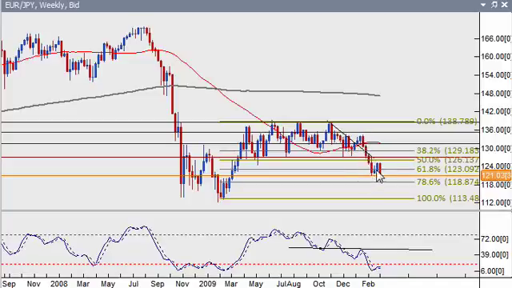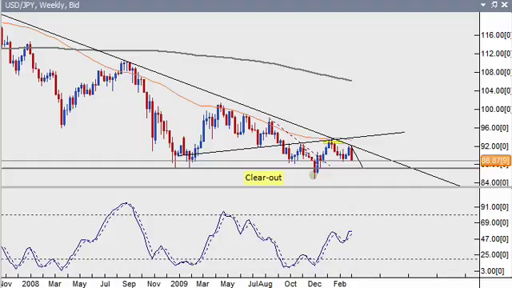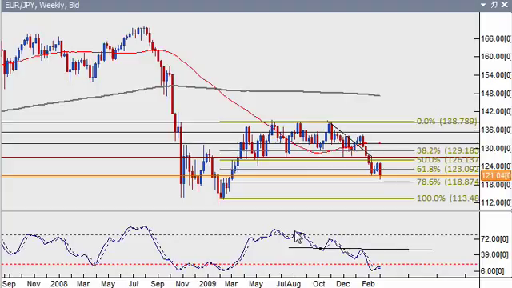Unlike the dollar yen, in the euro yen pair the stochastic has been slowly coming down, showing a lack of bullish attempt and more likely bearish dominance for most of last year, and now it's reflecting in the price action. So that's the difference in euro and dollar yen. You see here, dollar yen momentum rising, euro yen momentum declining.